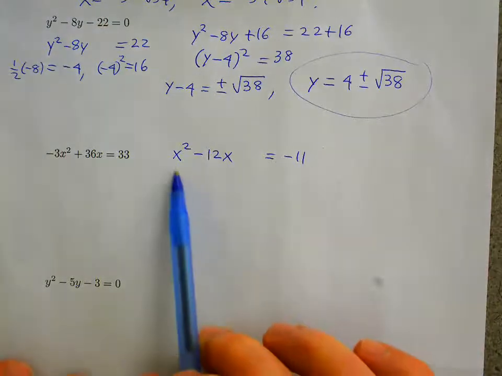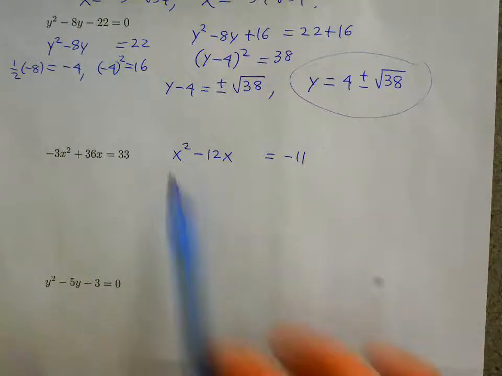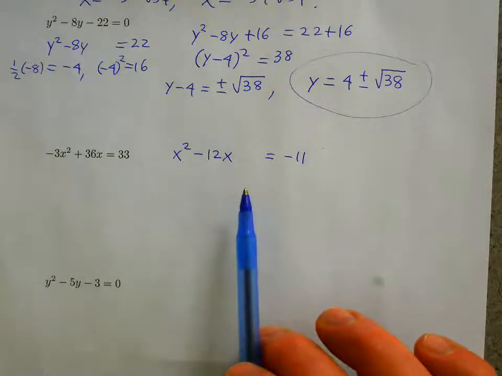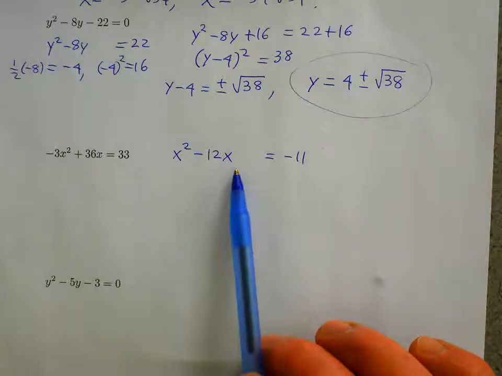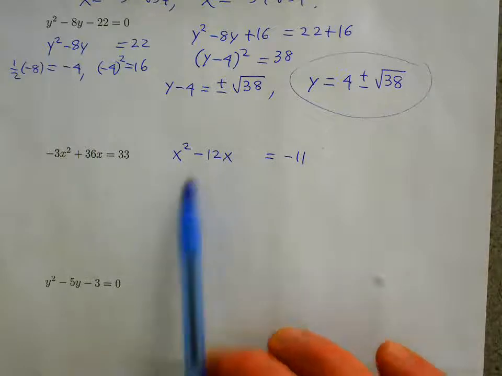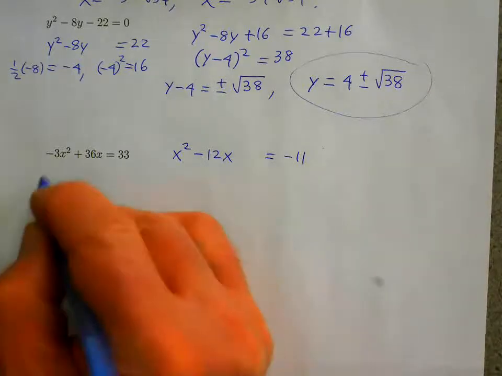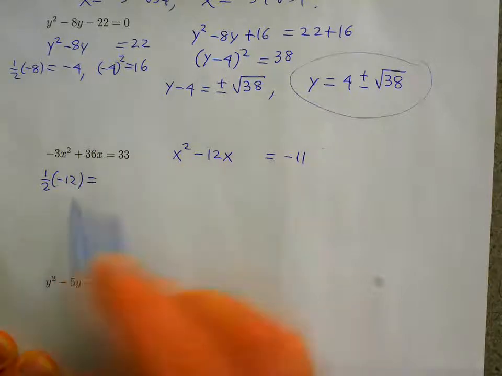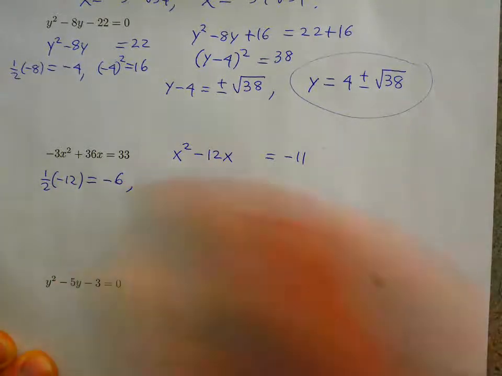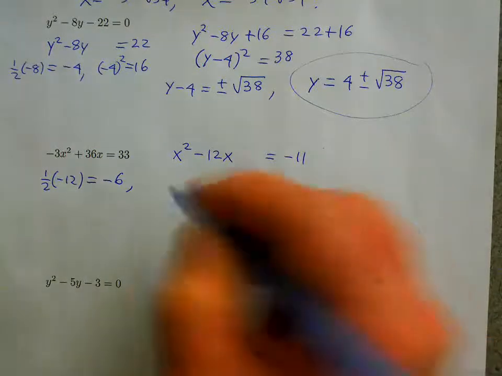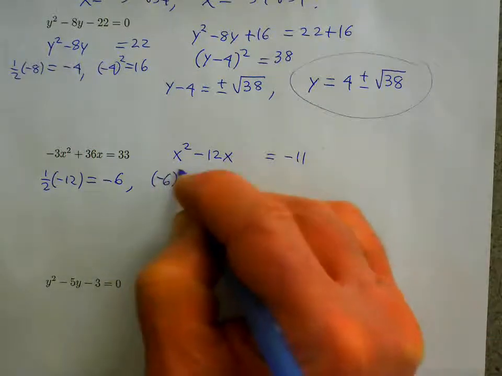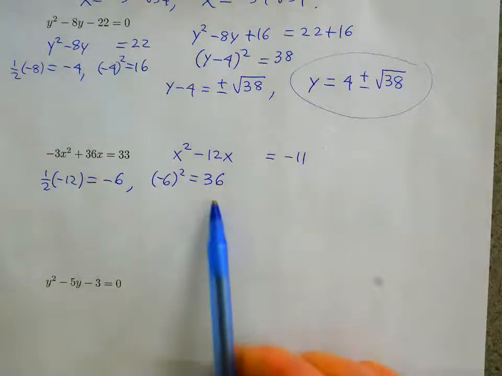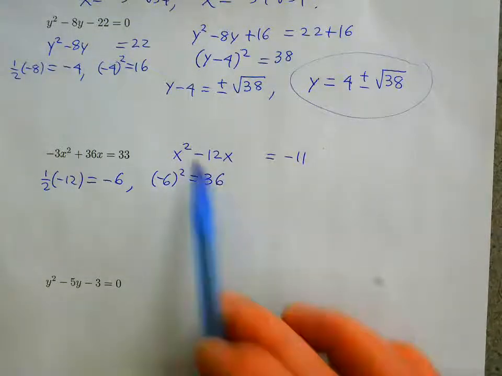And now that the coefficient of x squared is 1, we create a perfect square trinomial. So we take 1/2 of -12, 1/2 of -12 is -6, and then we square that number. -6 squared is +36, and then we add 36 to both sides of this equation.